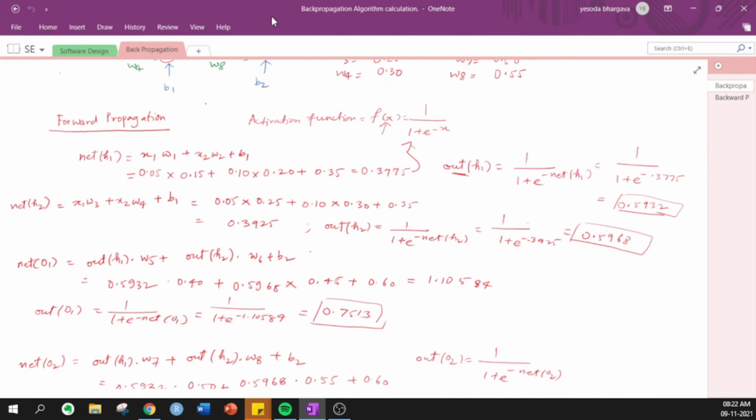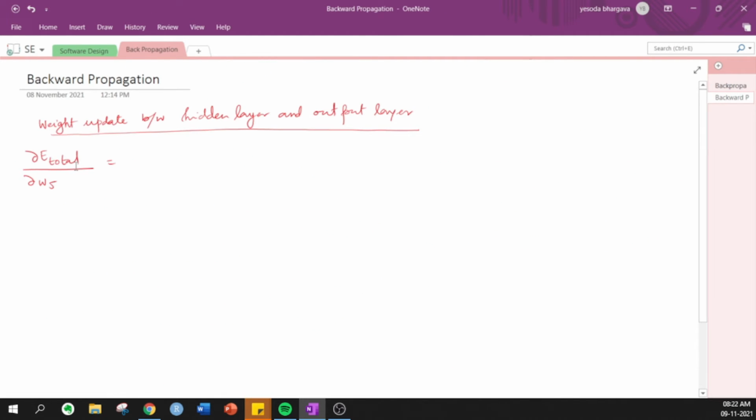So these are indirectly related. In order to differentiate, we use the chain rule, such that the denominator is able to differentiate the numerator. So we write it like this using the chain rule.